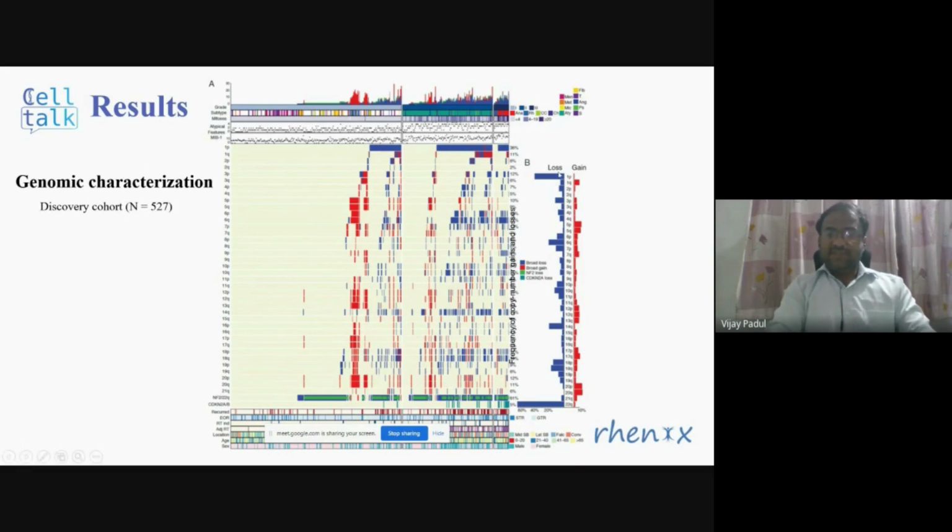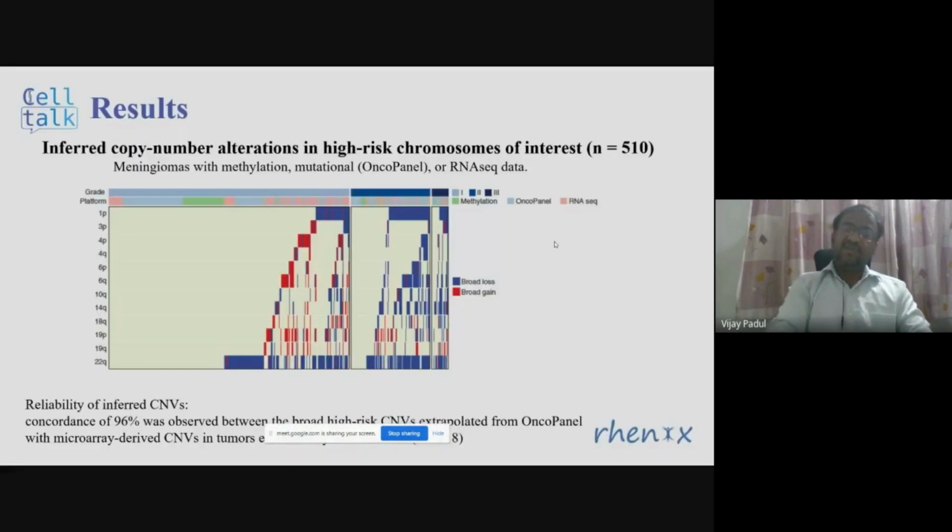So as you can see, chromosome 1p loss, chromosome 22q loss, chromosome 14q loss. So these are some prominent chromosomal alterations that you can see. These were evaluated for analysis of their significance in the molecular characteristics of those meningiomas.